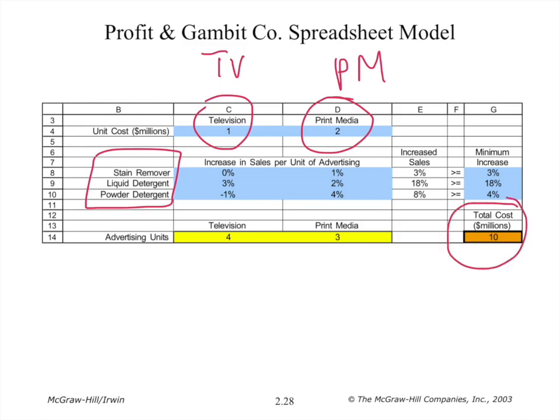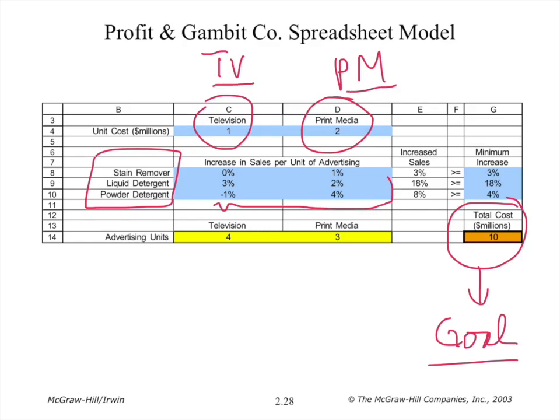And we need the total cost as the goal. So, how can you find the optimal cost? That is the limitation, or constraint.